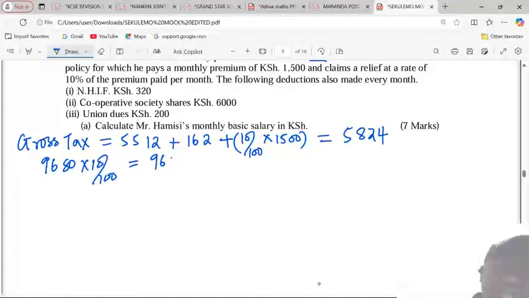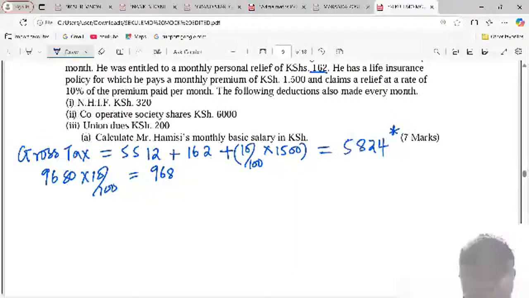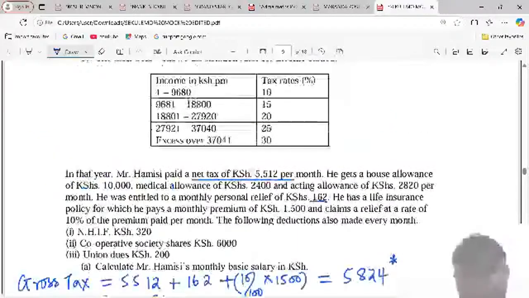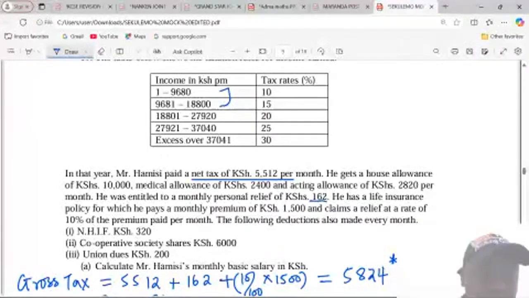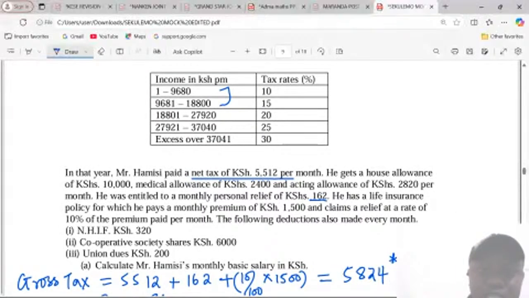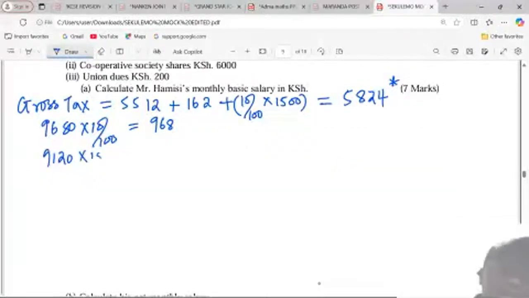968. Now 968 is far from 5,824, so we should go to the next bracket and continue taxing. Now we have to subtract here, and we subtract 9,680. This gives us 9,120 at a rate of 15%.